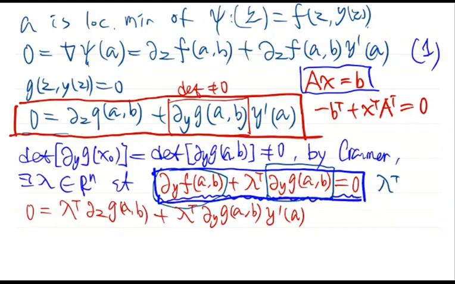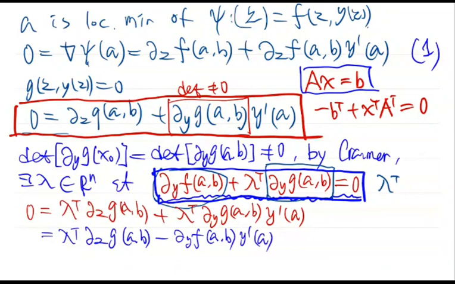We obtain that this is precisely lambda transpose dz g at AB plus lambda transpose dy g at AB, which is precisely minus, so here is minus, minus dy f at AB and y prime of a, right?